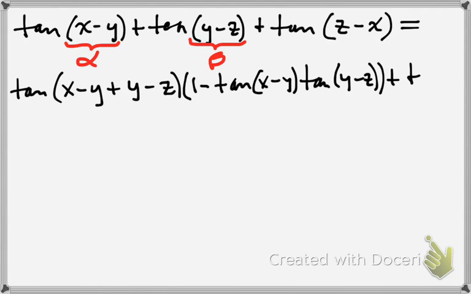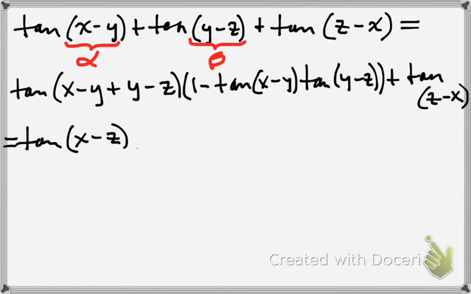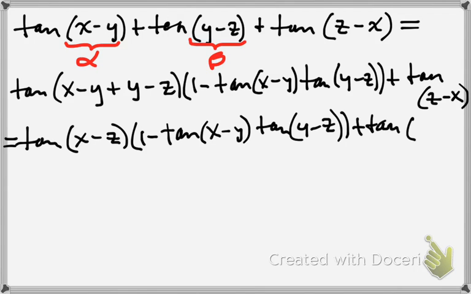And then we'll go ahead and add on that tangent of z minus x. We'll deal with him later. Okay. So you'll notice that by combining those two together, we get rid of the y variable. The y's simplify out, and we end up with the tangent of x minus z multiplied by all that other stuff.